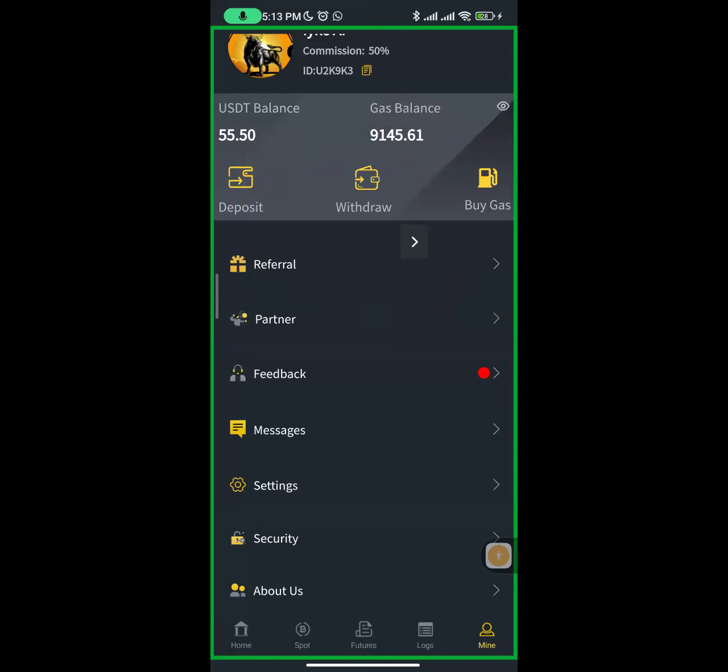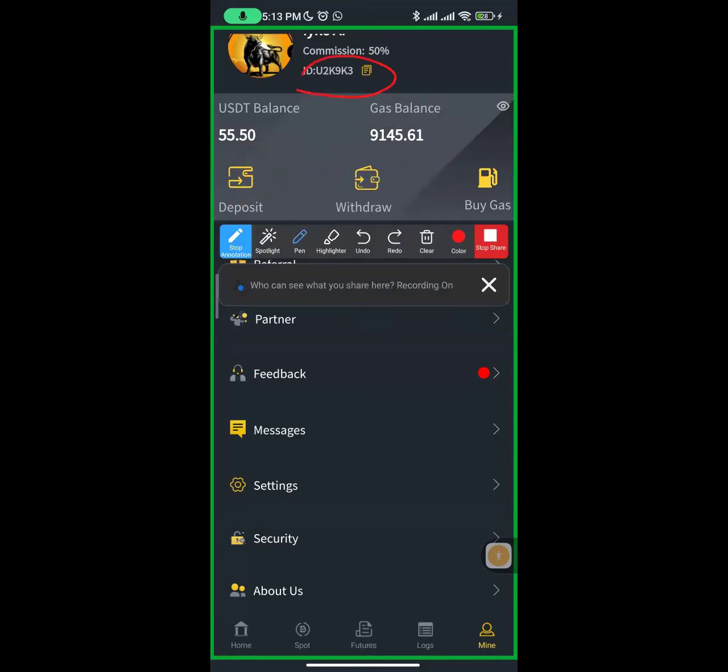When you register, remember to send your special ID. You have your special ID here. So now you want to become a partner. You tap here. You want to earn from the affiliate program. You want to earn as a partner.